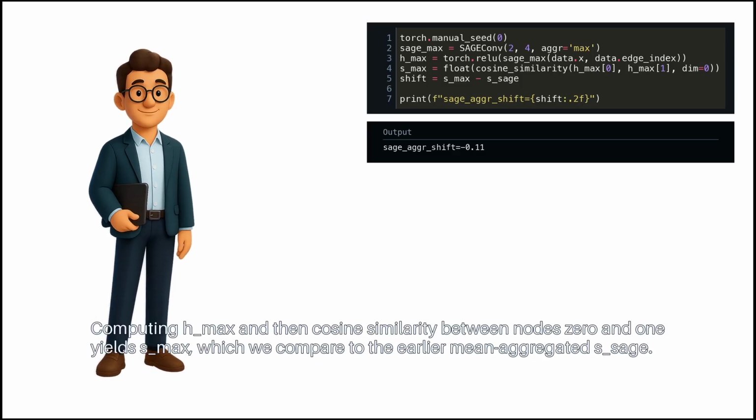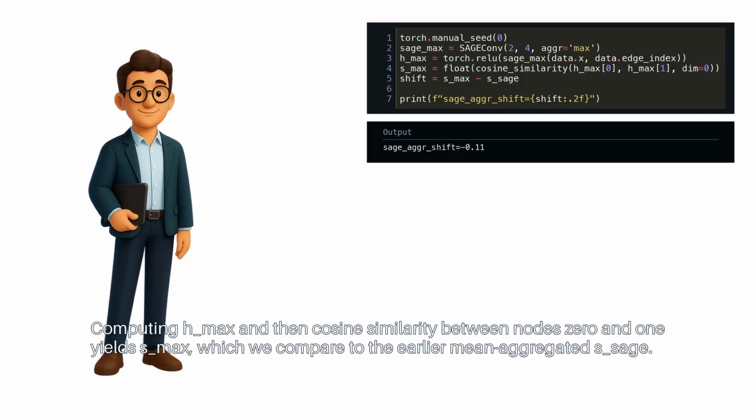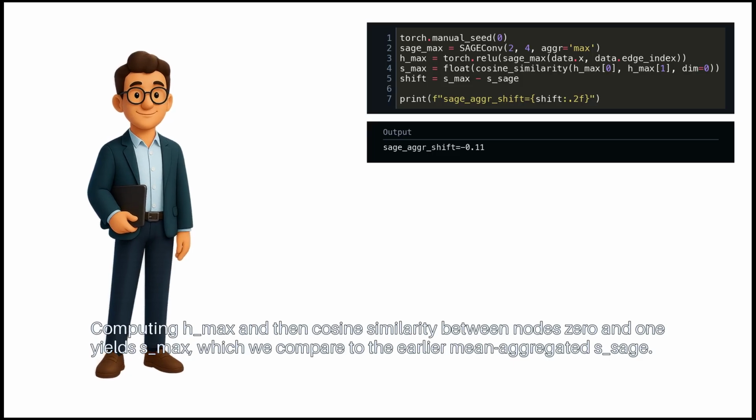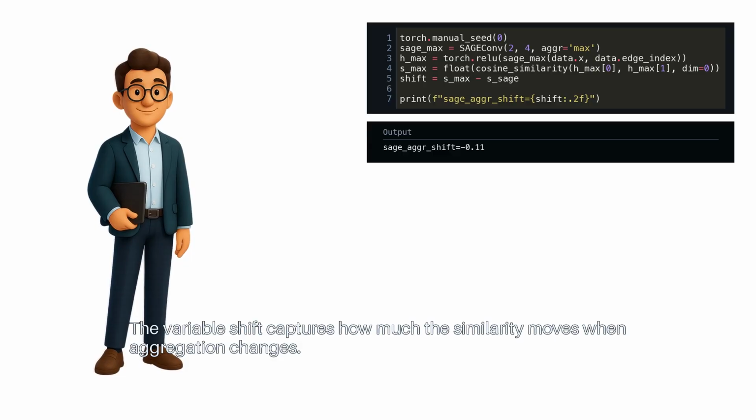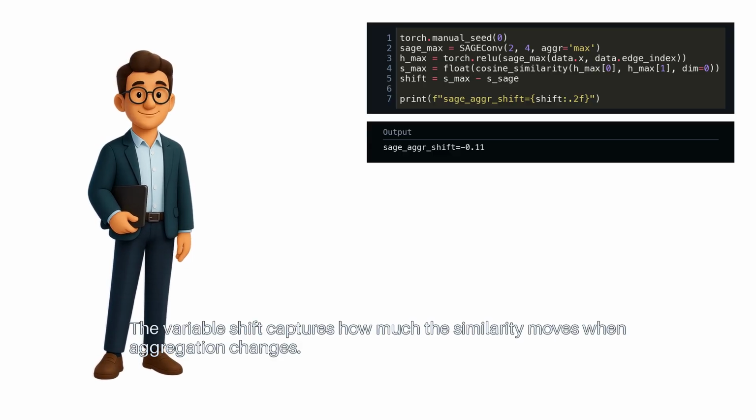Computing h_max and then cosine similarity between nodes 0 and 1 yields s_max, which we compare to the earlier mean-aggregated s_sage. The variable shift captures how much the similarity moves when aggregation changes.